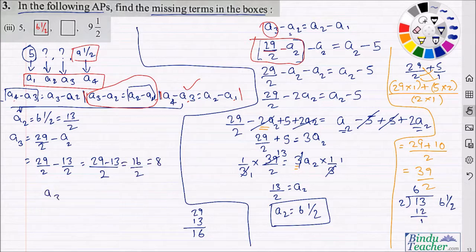So the value of A3 is 8. So with this, we can fill in the last remaining open question, which is the value of A3 as 8. So with this, we have identified the value of A2 and A3.